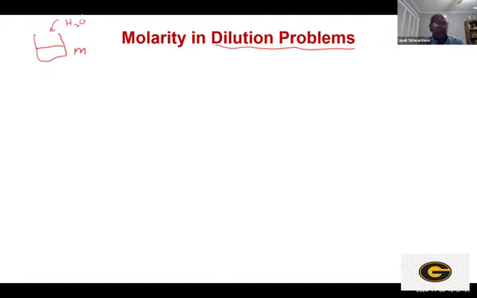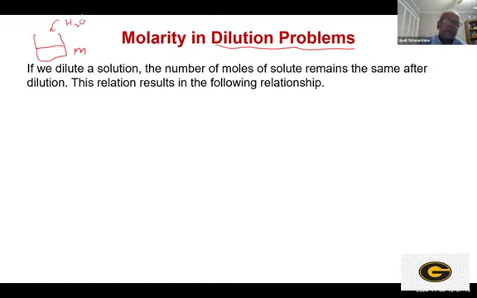The number of moles doesn't change, the volume changes. Therefore, due to the change of the volume, molarity would be different. How do you calculate the new molarity? If you dilute, meaning adding solvent, water in most cases, the number of moles of the solute remains constant.